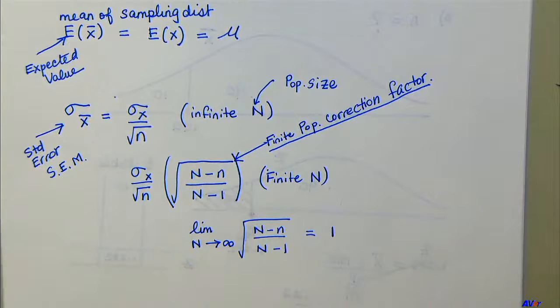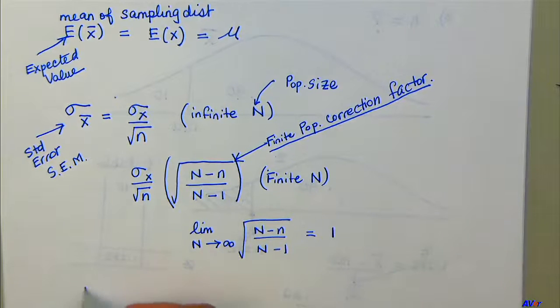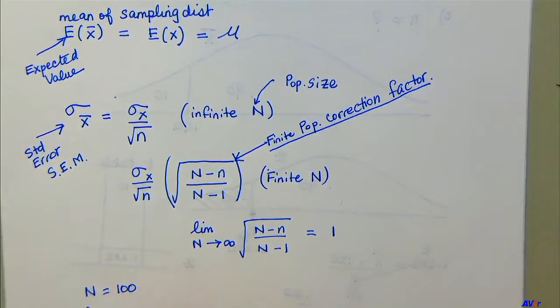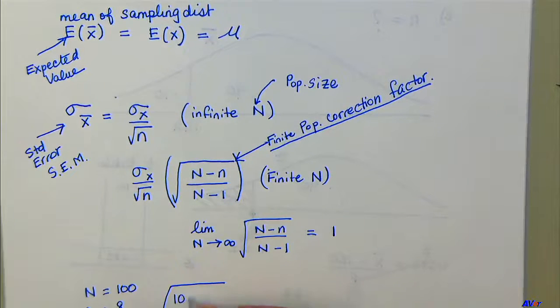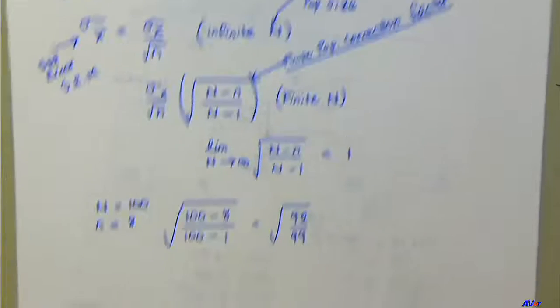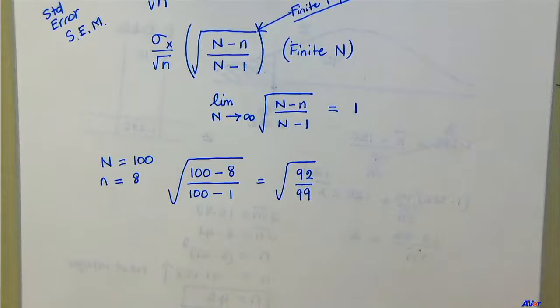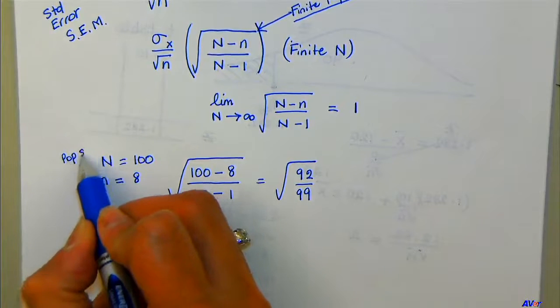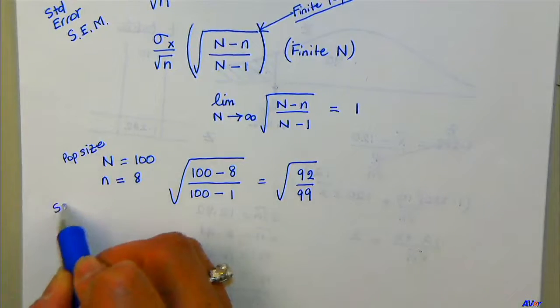So for example, if your capital N is 100 and your lowercase n is 8, then that would be radical 100 minus 8 over 100 minus 1, radical 92 over 99, where this is the population size, capital N, and this is the sample size, n.